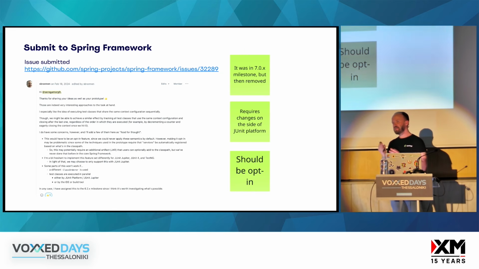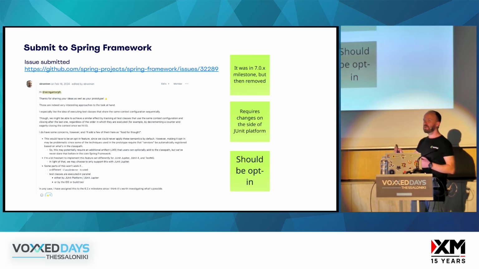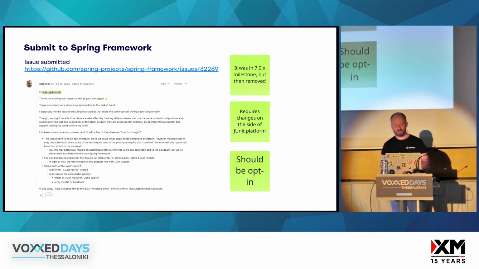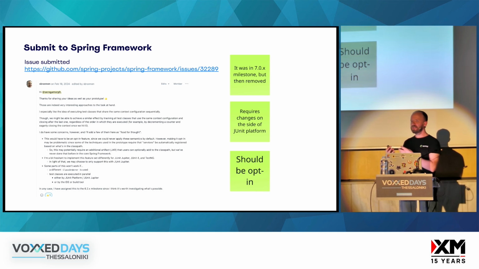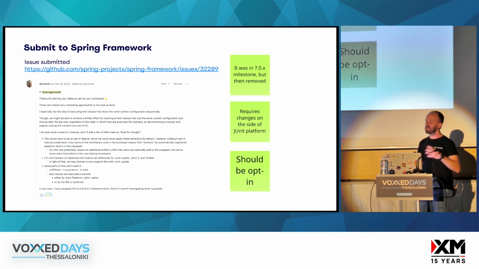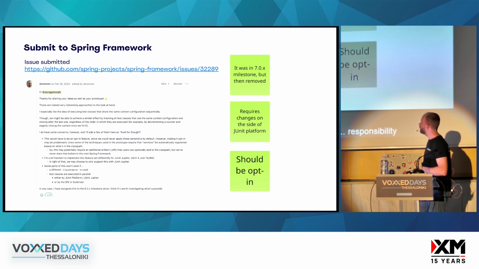So as an idea and proof of concept implementation, it was submitted to the Spring project, and I also got some response from the leader of Spring Test. But again, the problem is that Spring on its level cannot access the order of the tests, because that's the responsibility of the JUnit platform.